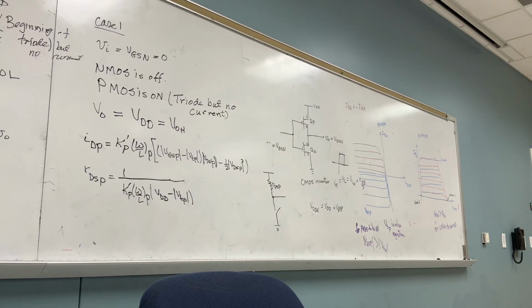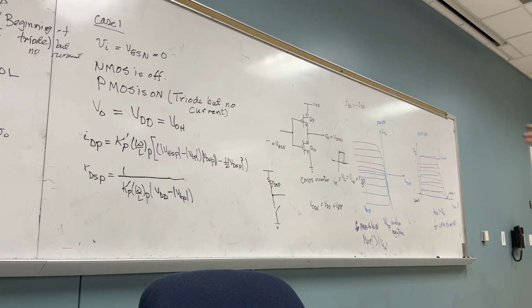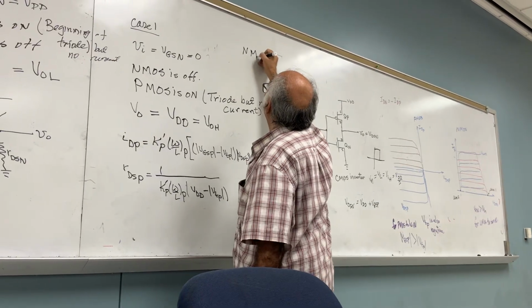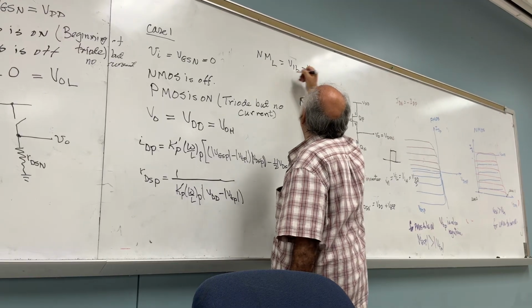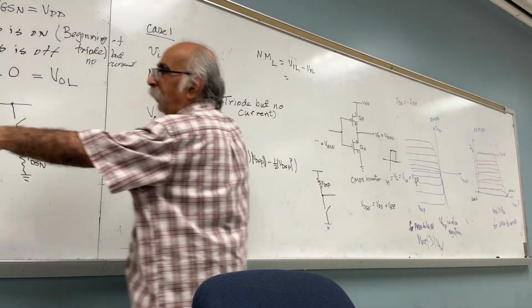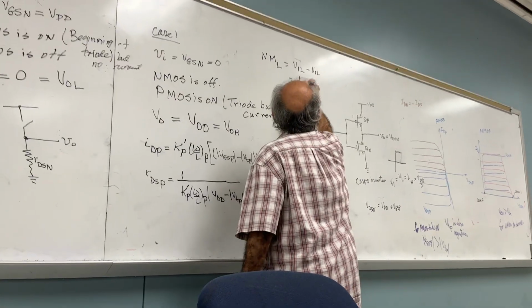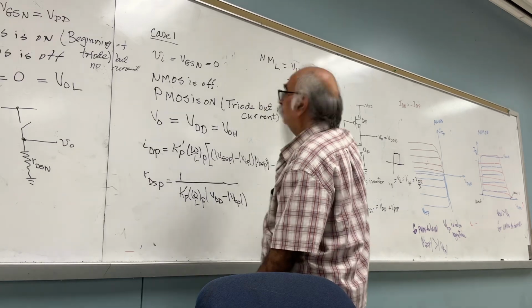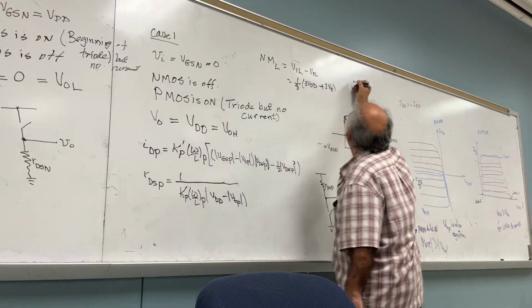Clear? Okay, before your question, can you tell me what the noise margin low and noise margin high are? Noise margin low is VIL minus VOL. VOL is 0, and VIL is this. And what is the noise margin high?